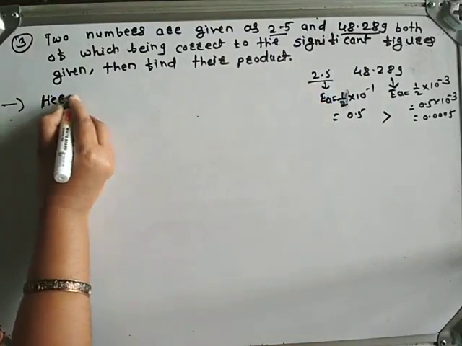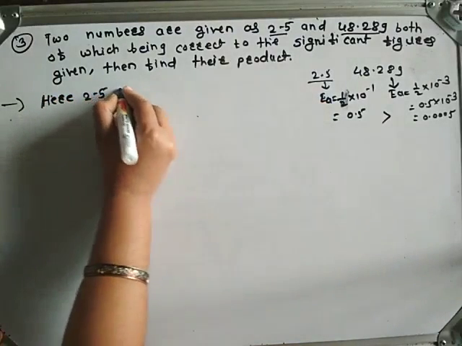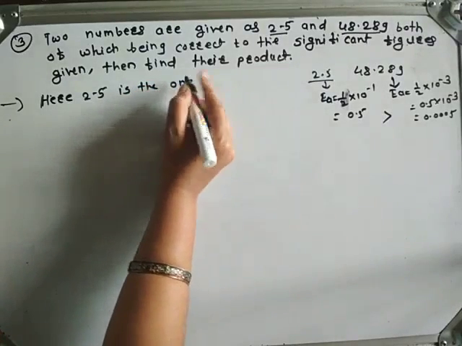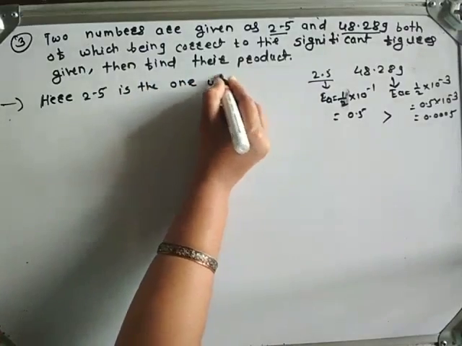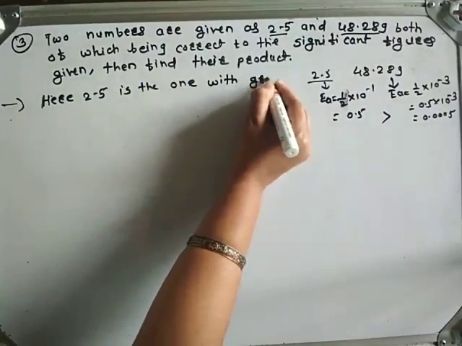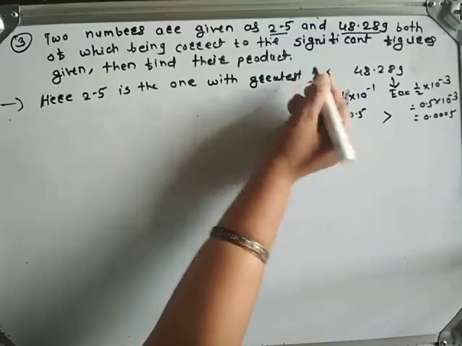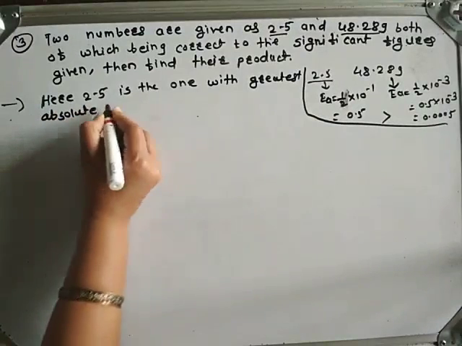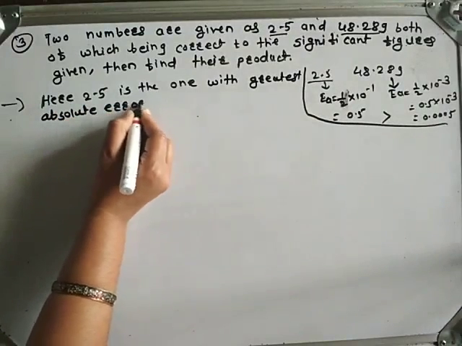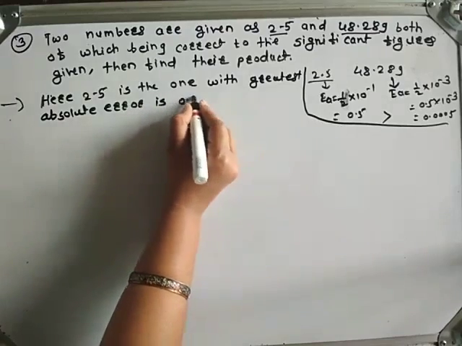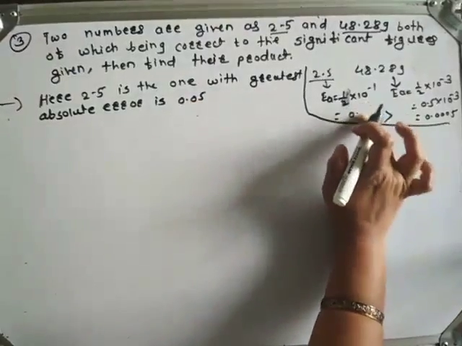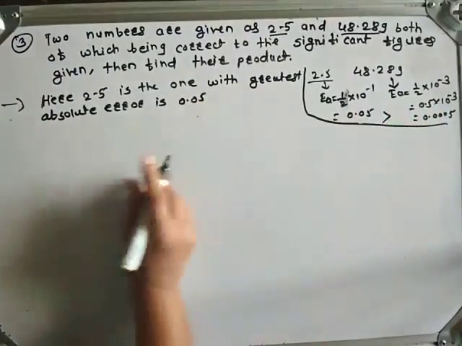Hence, we can say that here 2.5 is the one with greatest absolute error, which is 0.05.